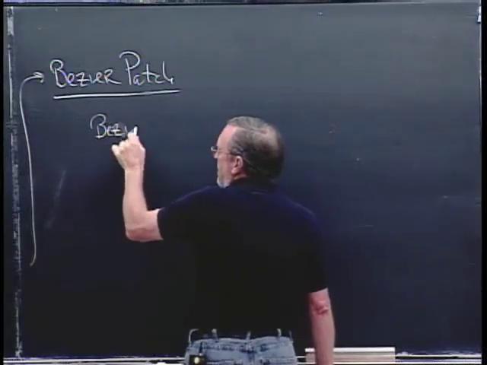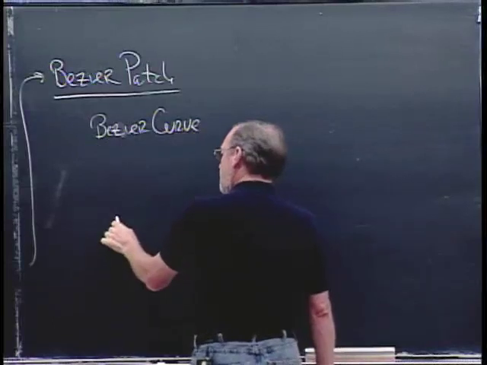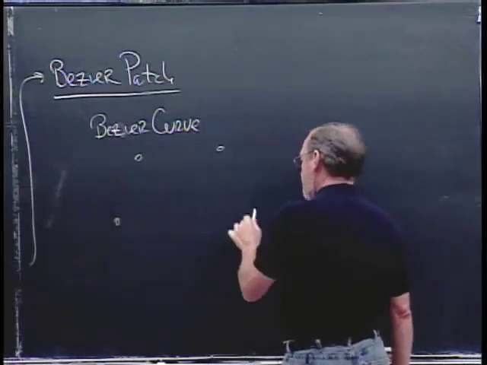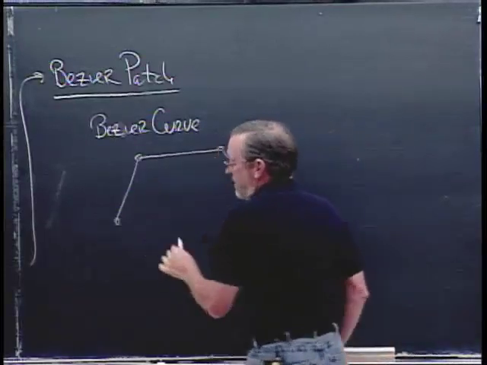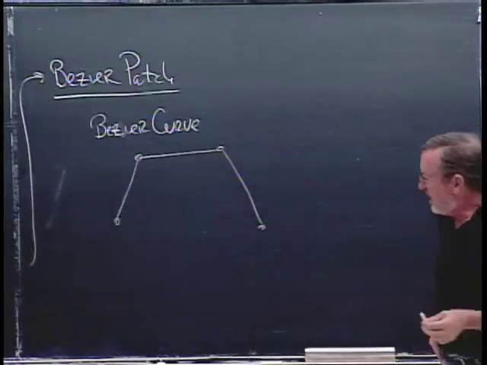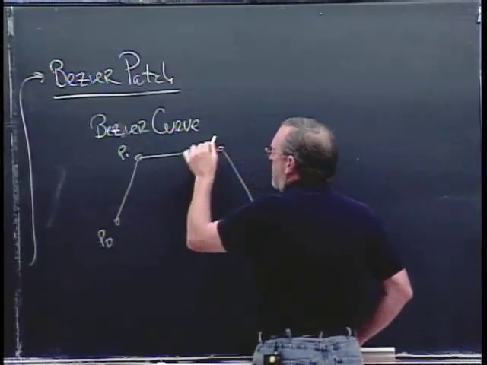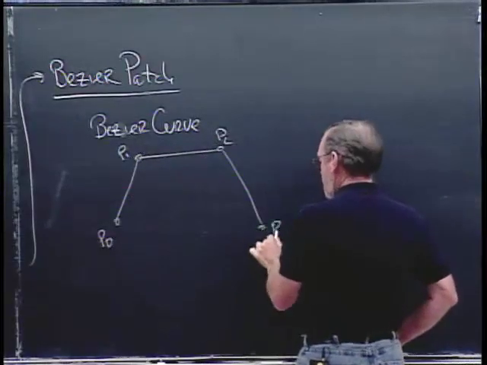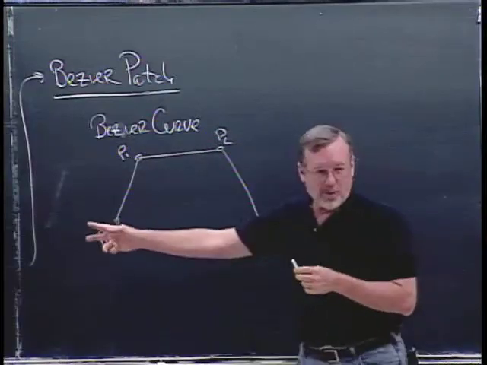The Bezier curve looks like this. You take control points, like this, and what you do is you don't do the 1/4, 3/4 algorithm.